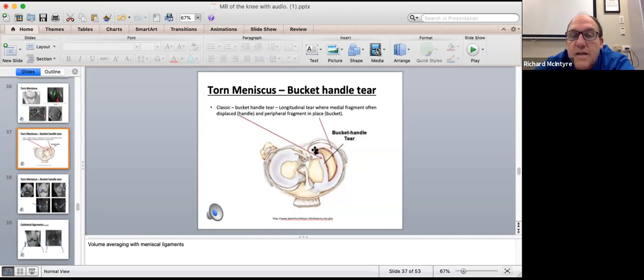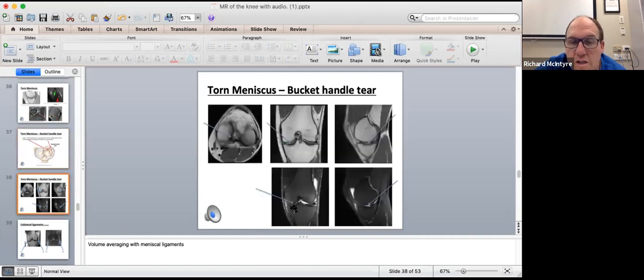Okay, so it's split it. It's no longer able to absorb that shock, and you've got a space in the middle where that bone end is exposed, probably to the femur bone end. Okay, so you're going to start osteoarthritis.